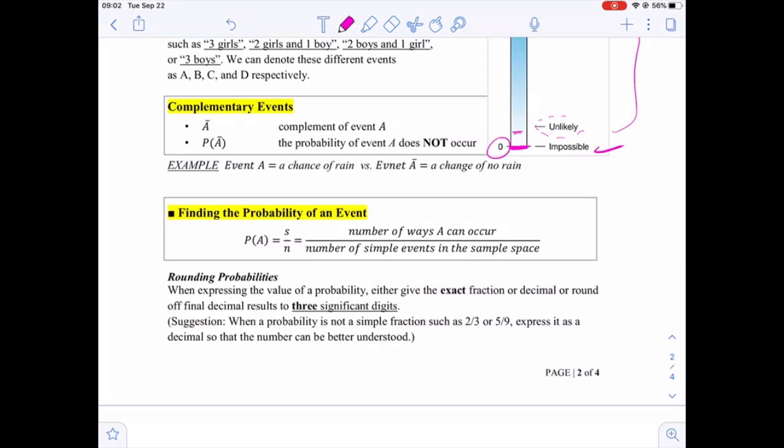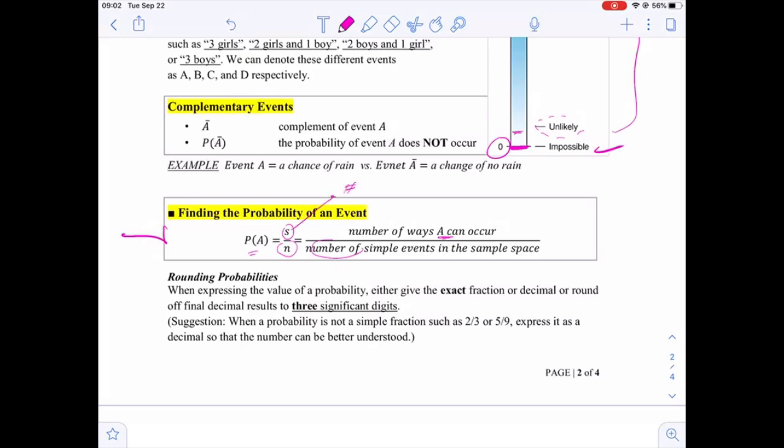Okay, now we come to the basic formula for probability. This is the basic formula for probability. The probability of an event is the number of elements, or number of ways A can occur, or number of elements of the event, over the number of elements of the sample space.